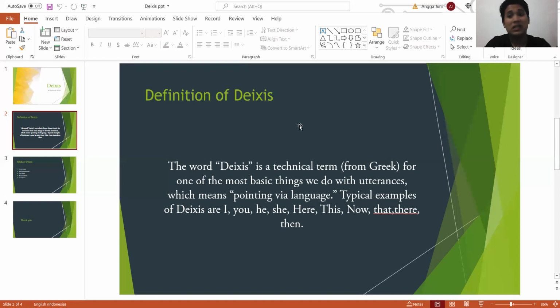So she isn't always referring to a human woman. It can also refer to a thing, and a thing doesn't always refer to it. It can use she, he, you, they. So that's the little bit of definition of Deixis.